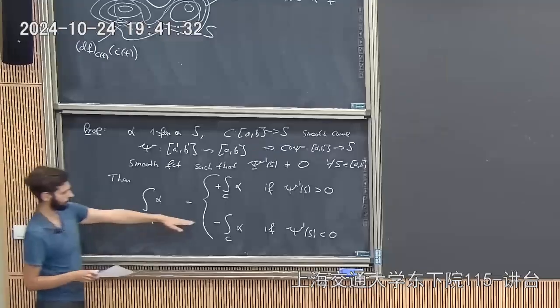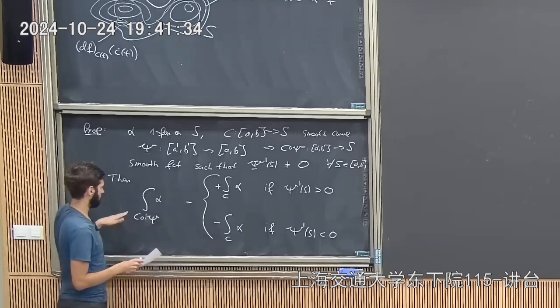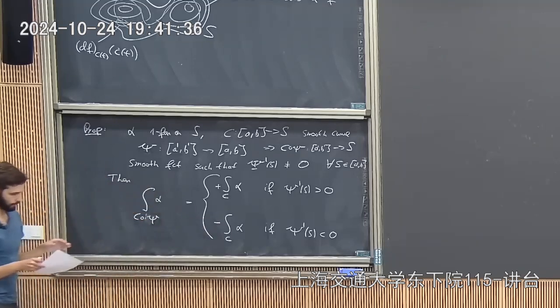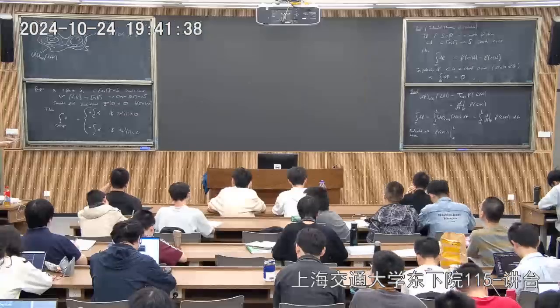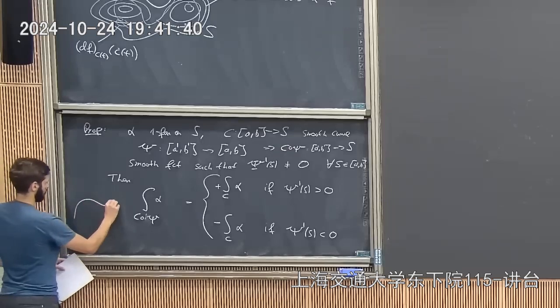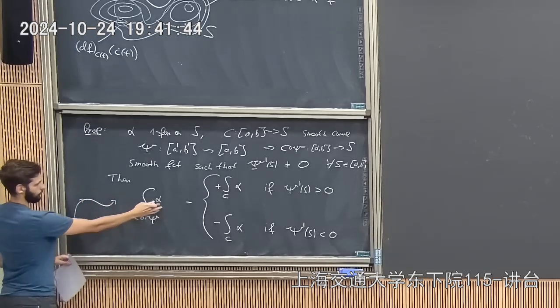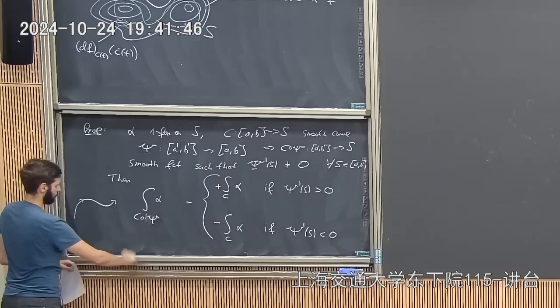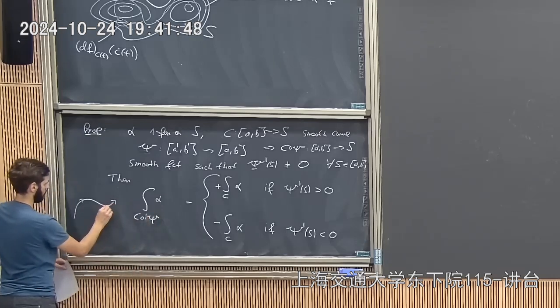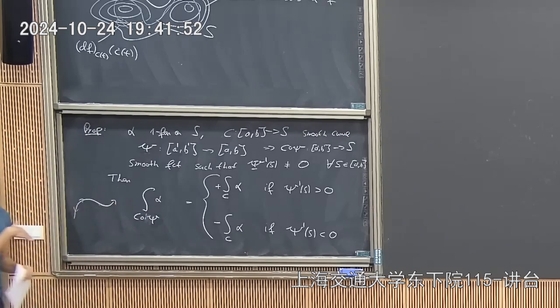So this minus sign just says, for example, that if that's your original curve that goes in this direction and you integrate along a one form, then if you turn around and go in this direction, you get minus the result.